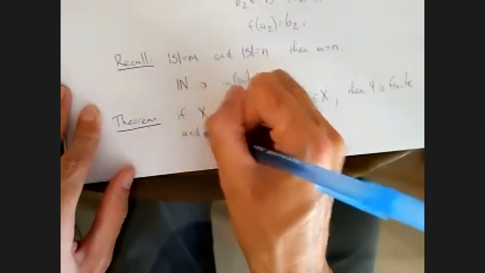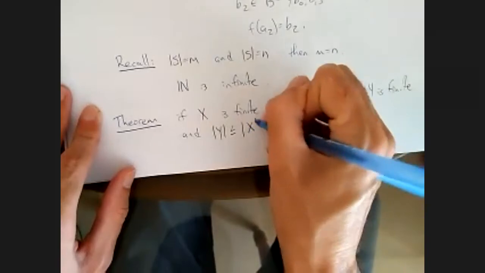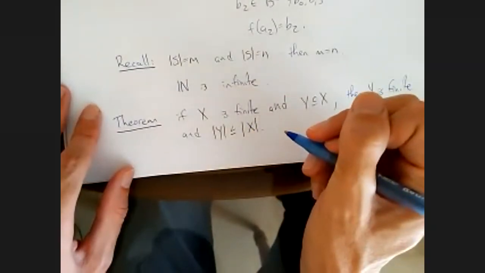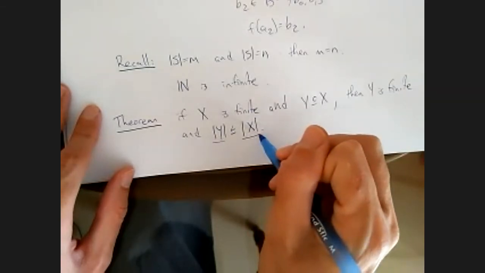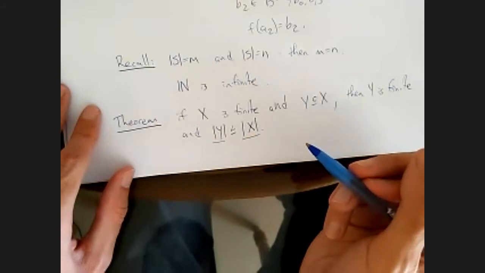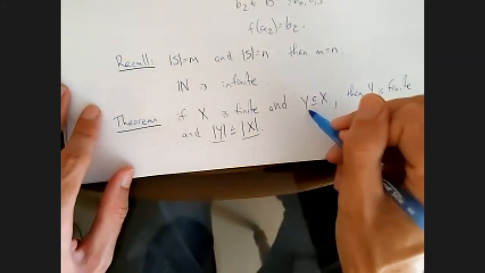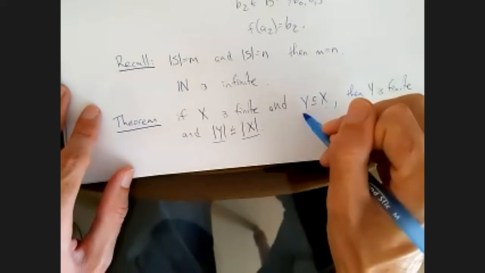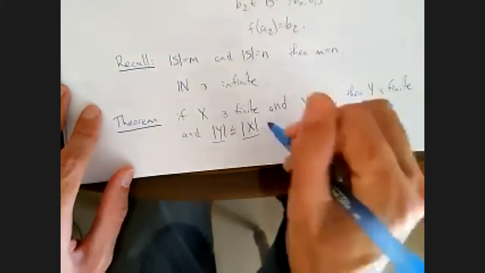And furthermore, its cardinality is less than or equal to the cardinality of X. Here we mean the cardinality of Y is a natural number, the cardinality of X is a natural number, and they're less than or equal to as natural numbers.